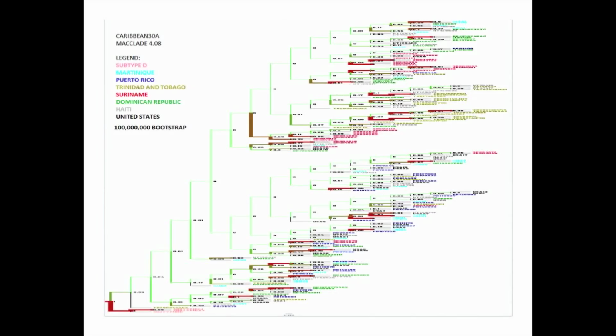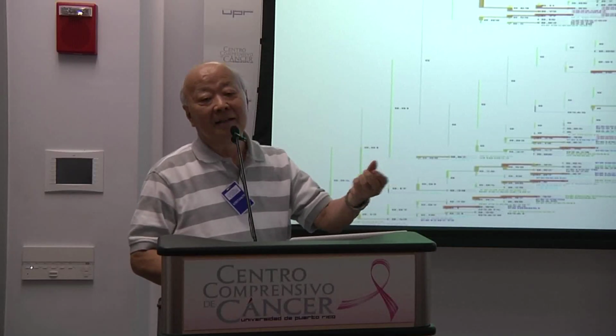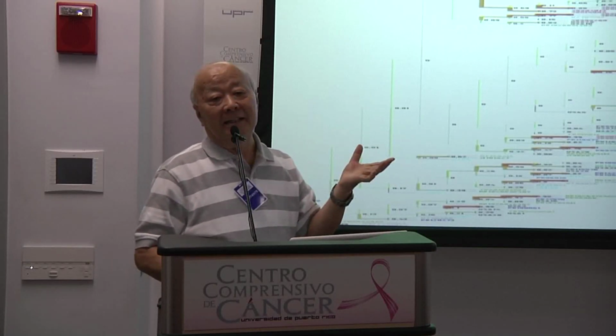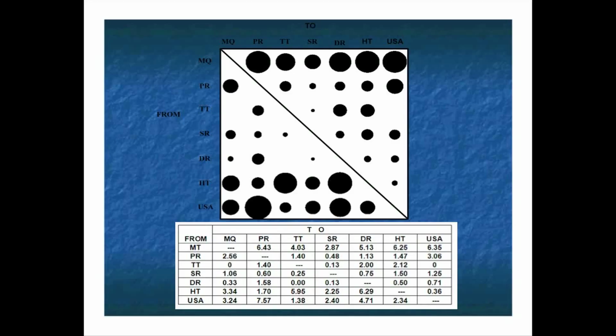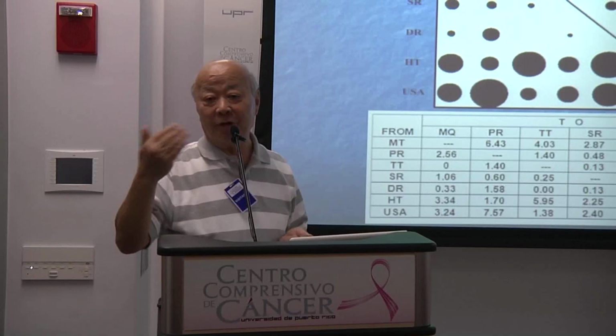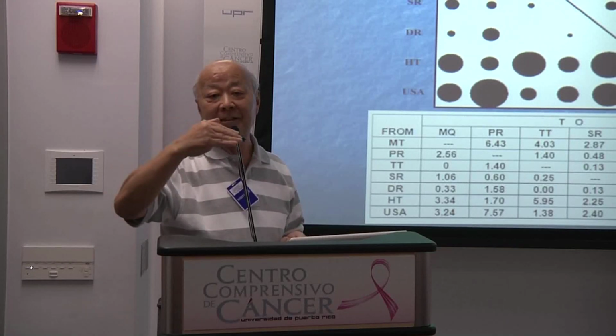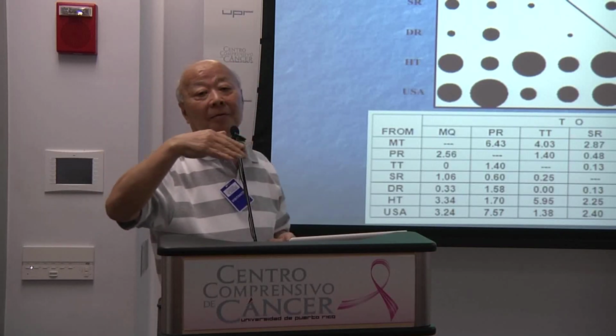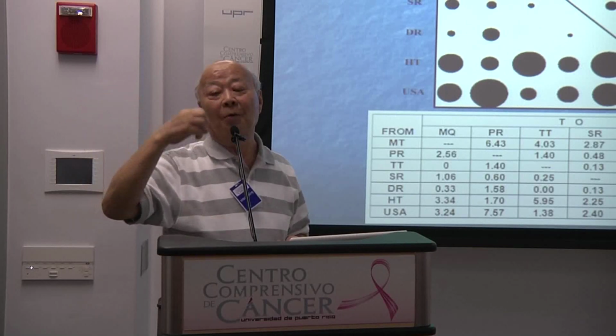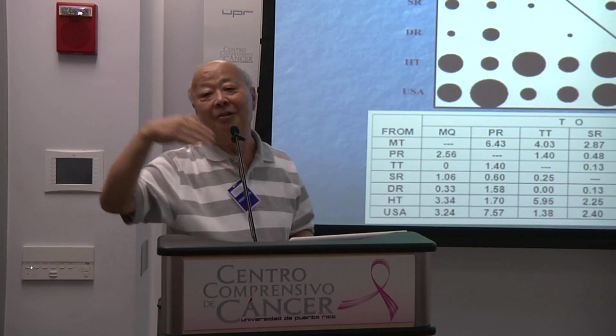And we applied the same approach to look at how similar or different the B-clade HIV is in Caribbean countries, and look at gene flow migration among the countries. This may give you a sort of molecular epidemiological analysis of some pathogens from individual to individual, from population to population, from one geographical area to another.